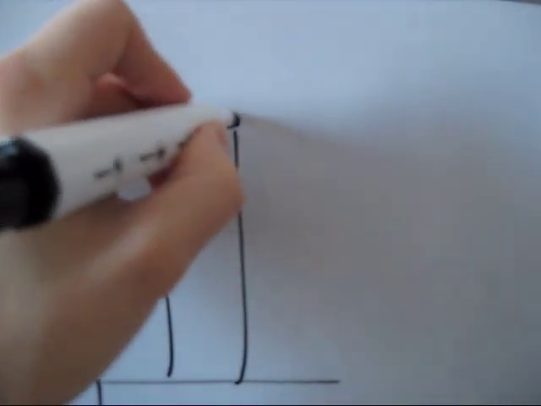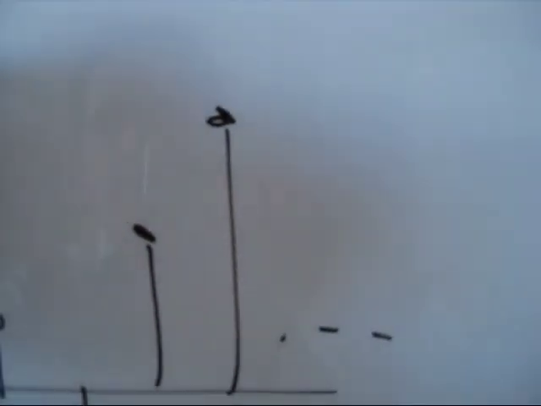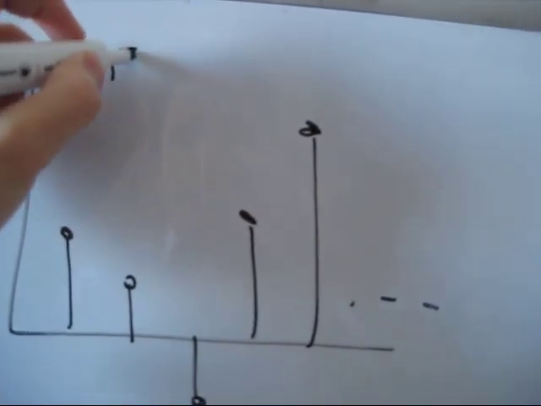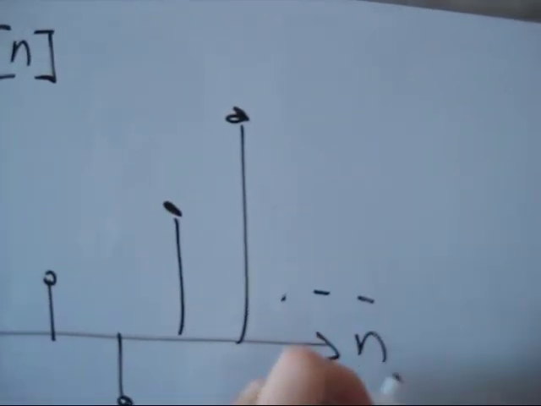Okay, so first let's start off with decimation, or downsampling a signal. So let's say you have some signal that you've sampled, and you've got some data points, and these are your values, right?